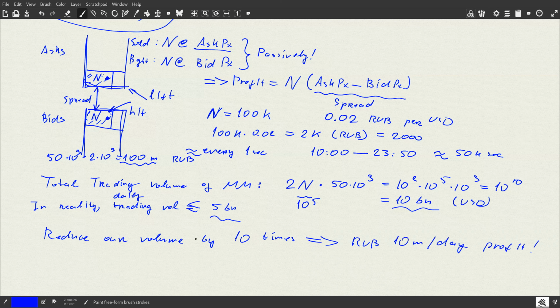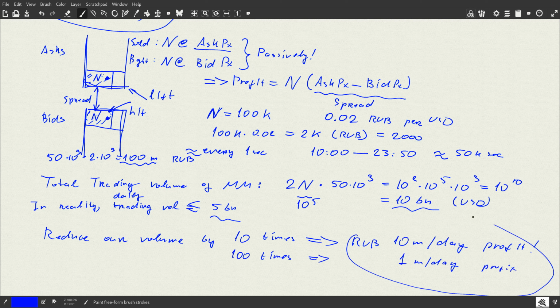Wow, okay, maybe even this is not realistic. If we reduce it even by 100 times, we still have 1 million per day profit. Somewhere in this range.